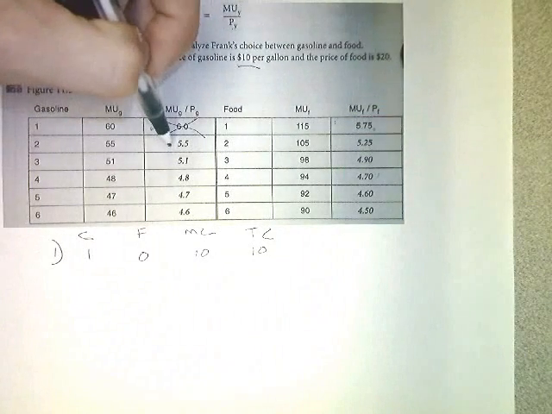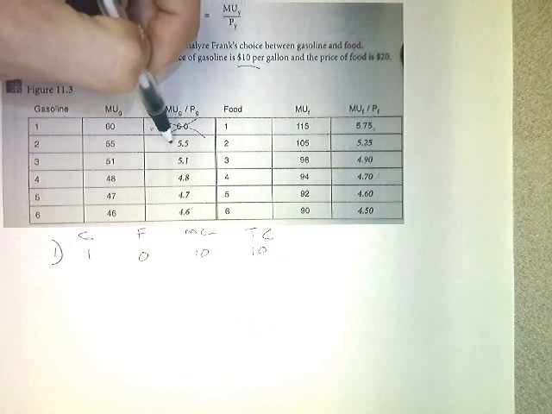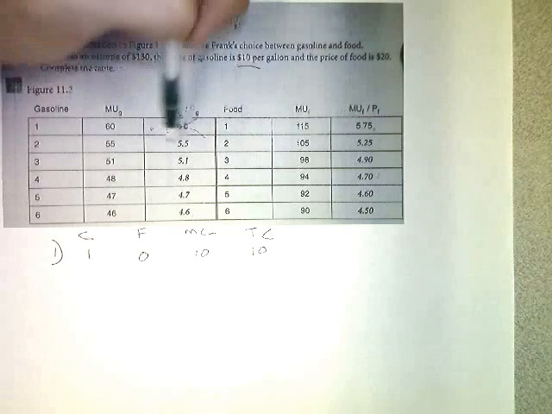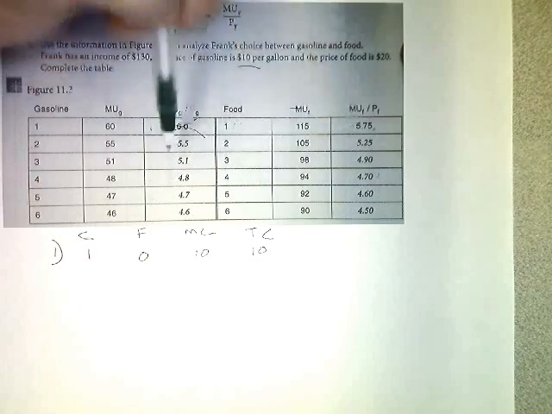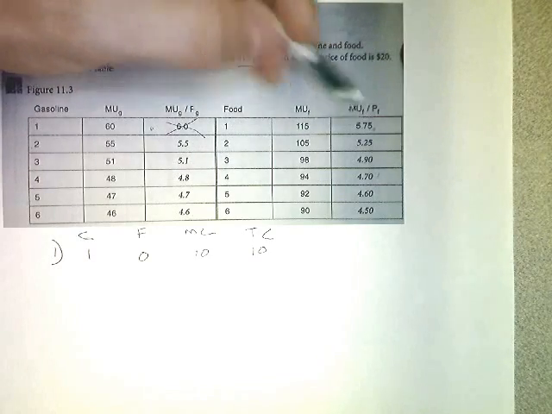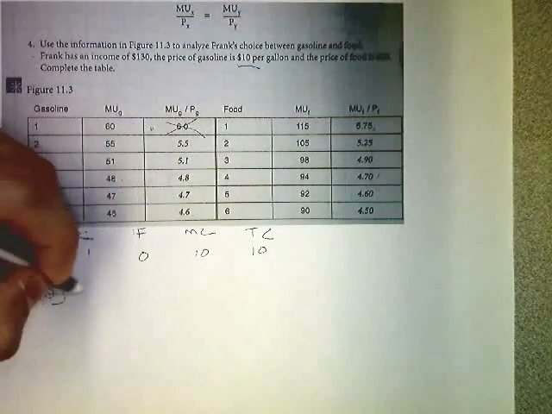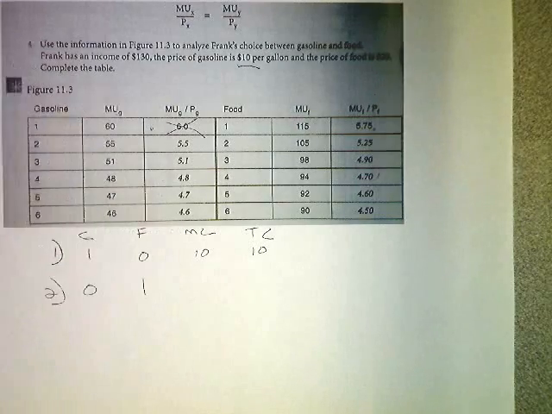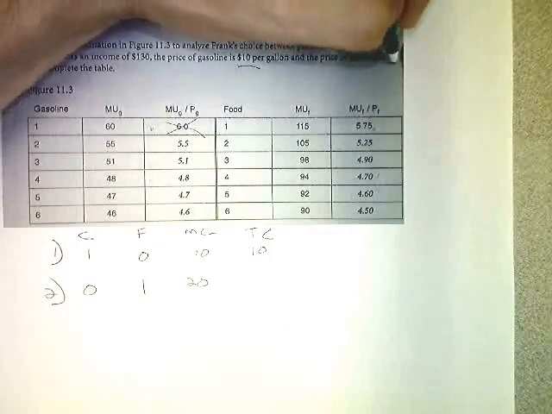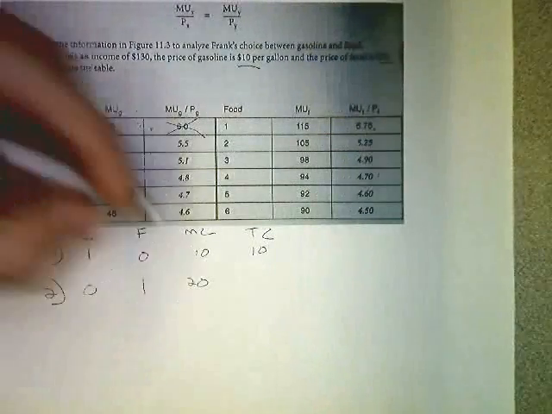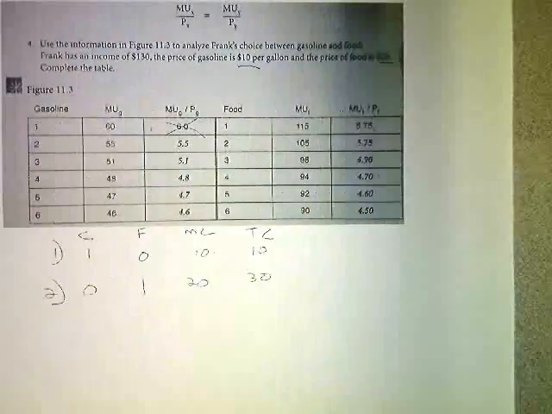So now, Frank has a choice between the second gallon of gas or the first unit of food. Well, the marginal utility per dollar for the gas would be 5.5 units. But for food, it's 5.75. So in this case, food is the better choice. So now, in round 2, or decision 2, he buys no gas. He buys 1 unit of food. The cost of that decision is $20, which is based on the cost of food, which means his total cost is up to $30.